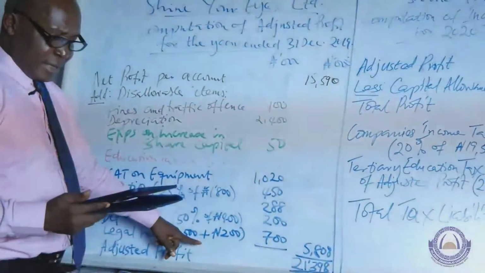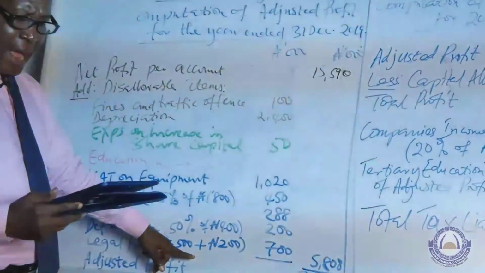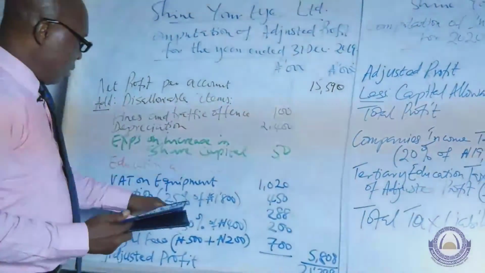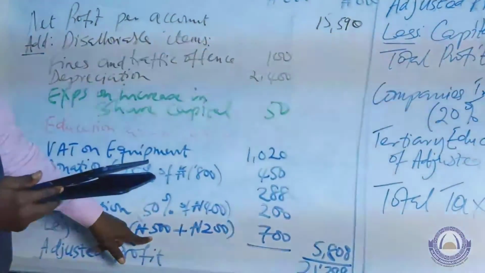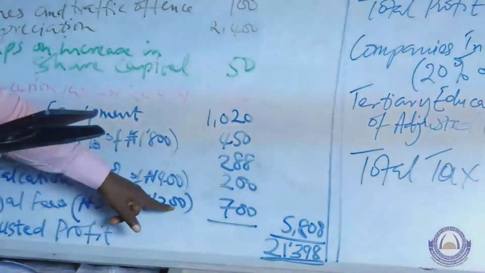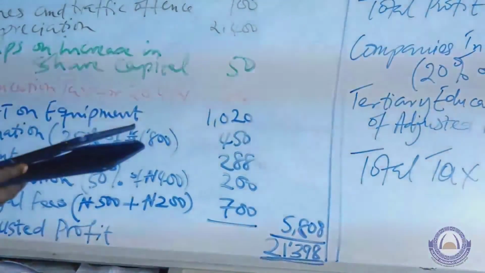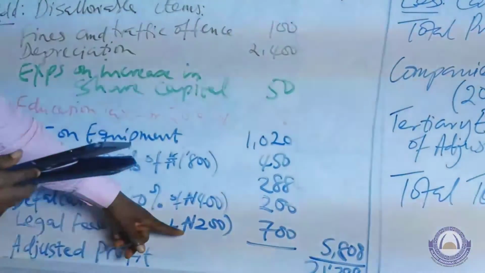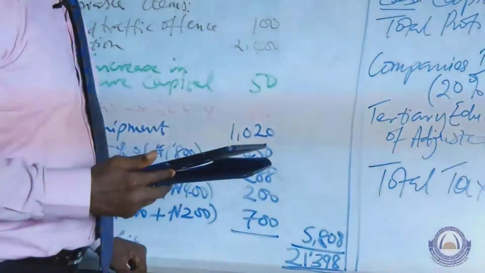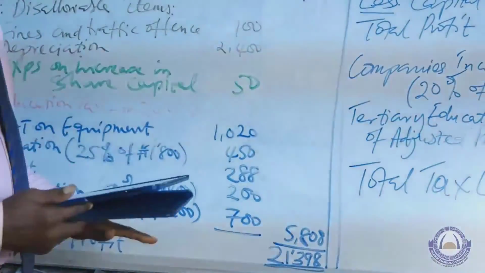Legal fees. Legal fees that are disallowed here are legal fees in respect of long lease, 500, and legal fees in respect of short lease. All lease, they are disallowed. And the total of that will give us 5,808,000 as disallowed expenses.